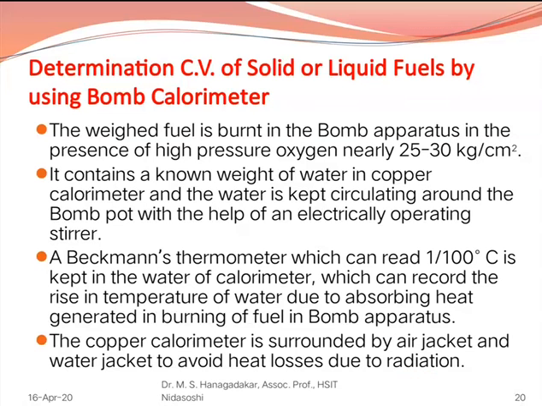A Beckmann's thermometer, which can read 1/100 degree Celsius, is kept in the water of the calorimeter, and records the rise in temperature of the water due to absorbing heat generated by burning of the fuel in the bomb apparatus. The copper calorimeter is further surrounded by the air jacket and water jacket to avoid heat losses due to radiation or the combustion process.